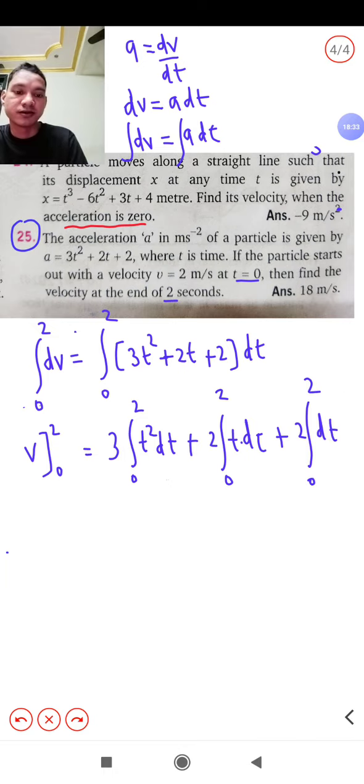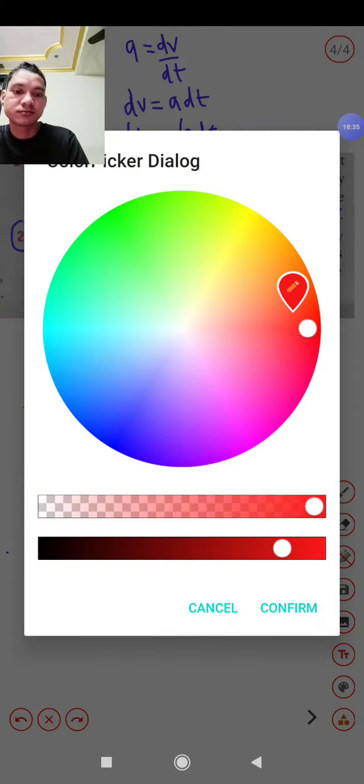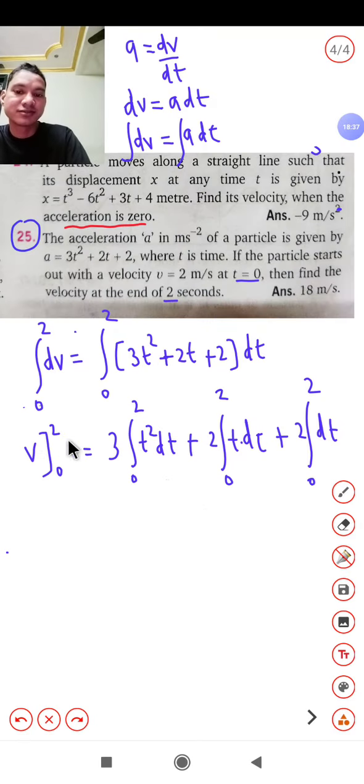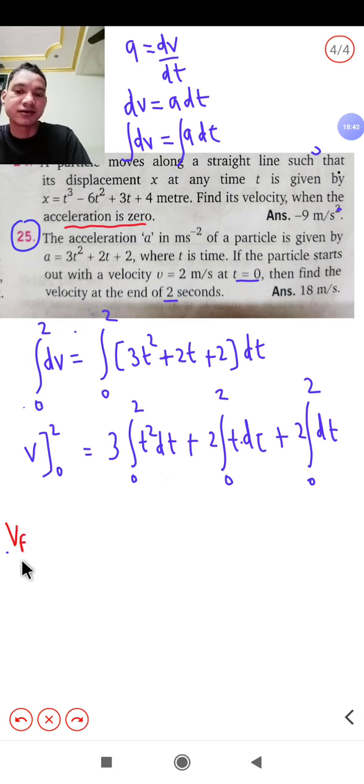So now let me change the color here. On this side, let me write it like final velocity when t was 2 seconds minus initial velocity when time was 0 seconds. So for 3t square, the power will increase by 1, 2 will become 3, the same number will come down, and into the bracket 0 to 2, I need to put the limit as well.